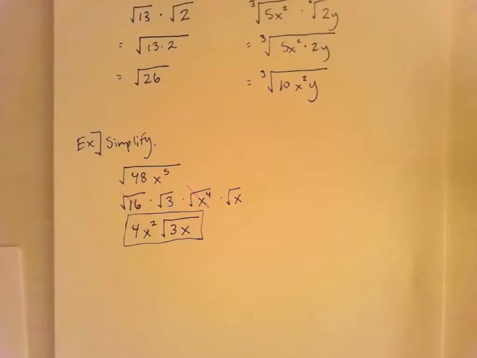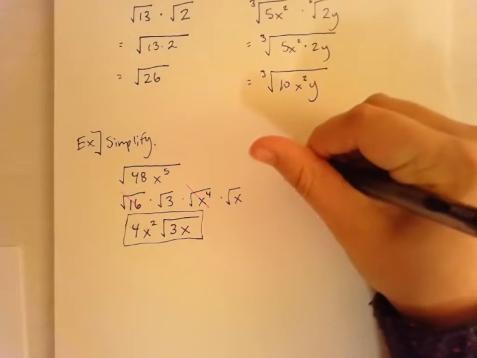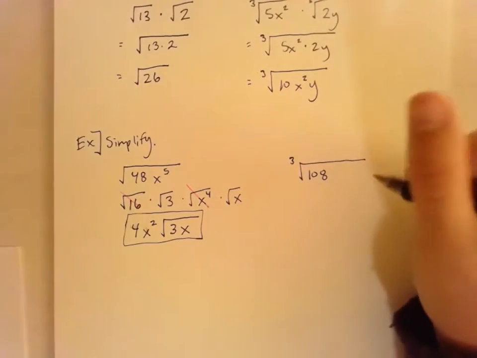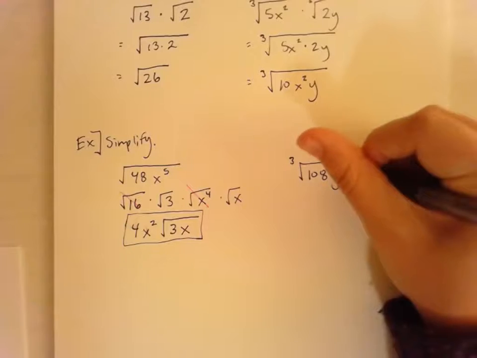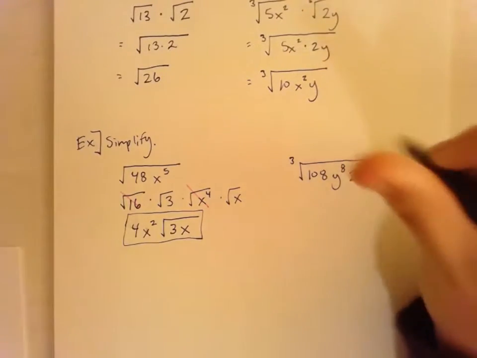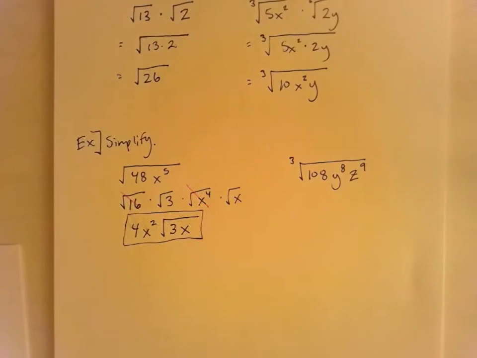Alright, let's do another one of those. Let's say I had the cube root of 108 y to the 8th z to the 9th. I'm going to handle this in much the same way, except this time I'm not going to be looking for perfect squares.